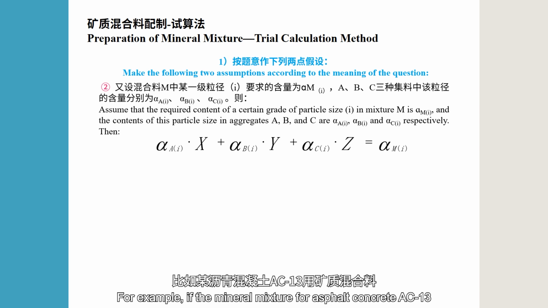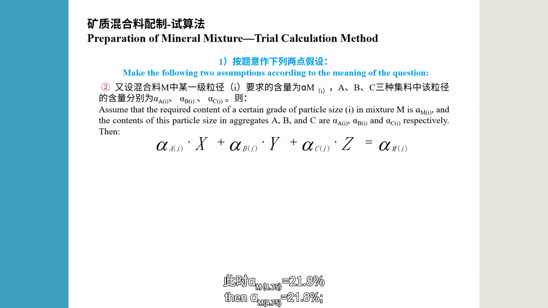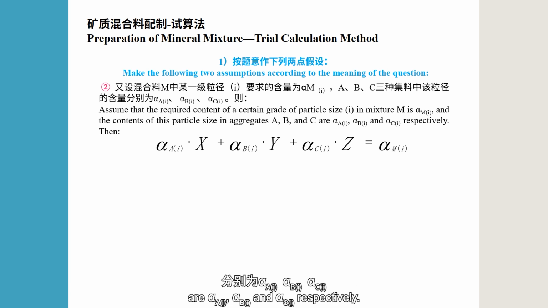For example, if the mineral mixture for asphalt concrete AC-13 requires that the proportion of 4.75 millimeters particle size in the mixture is 21.8%, then alpha M 4.75 equals 21.8%. The contents of this particle size in aggregates A, B, and C are alpha AI, alpha BI, and alpha CI respectively.